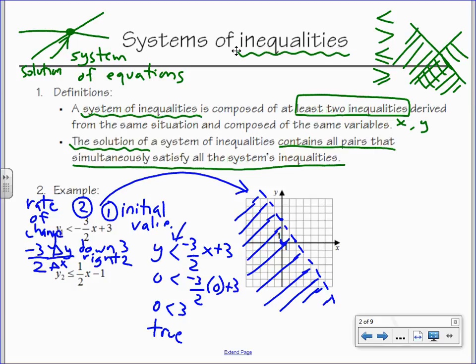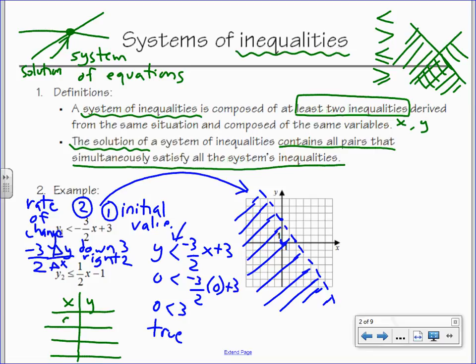I'm going to use a different color for the other one. My other one is y is smaller or equal to 1/2 x minus 1. You can use the same strategy, so go with the initial value and then with the rate of change. If you find it too complicated, you can just use a table of values with 3 points. Why do we use 3 points? Because if you only use 2 and you make a mistake, you won't know.